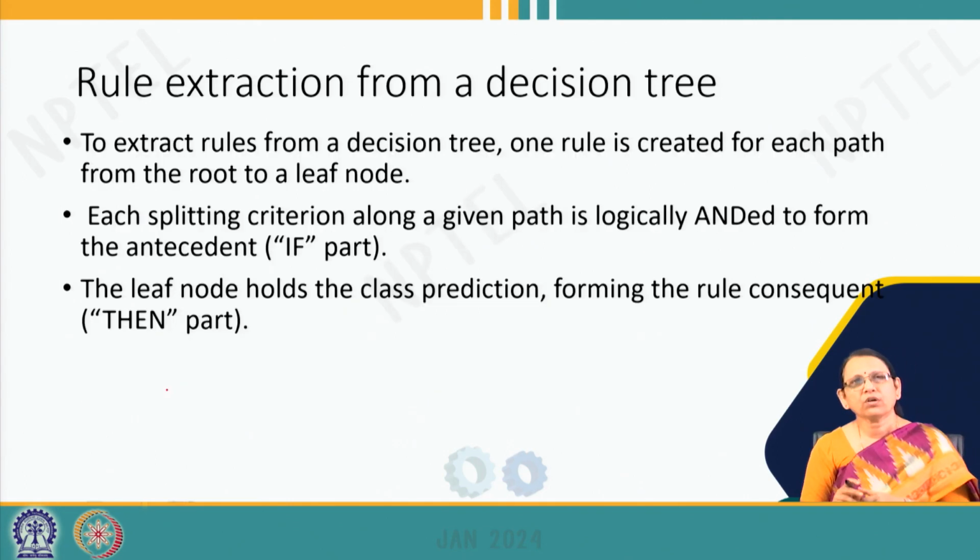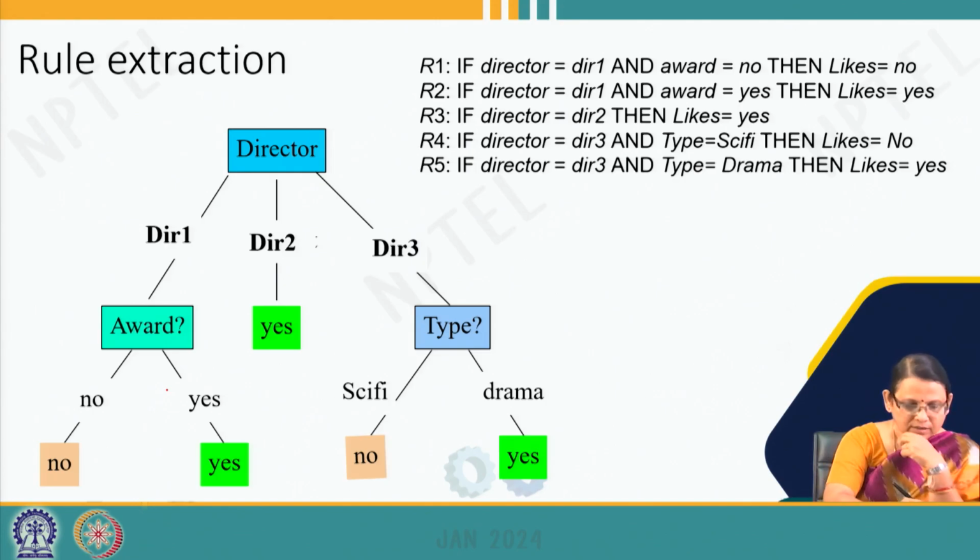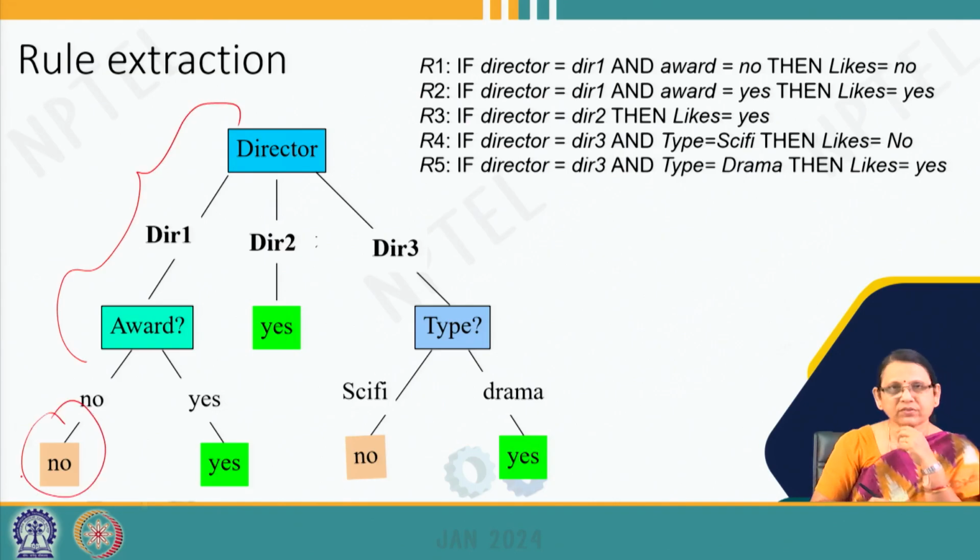I can also extract rules from a decision tree. How do I extract the rules? If you remember while talking about the rule basis, a rule usually has two parts, antecedent and consequence. So, the part before the leaf node makes the antecedent and this is your consequence. Accordingly, how many rules will we have?